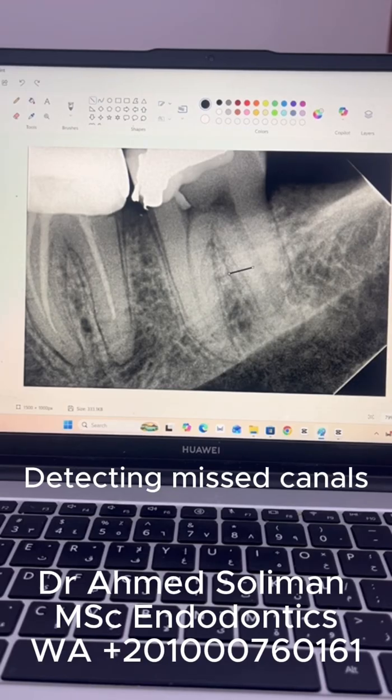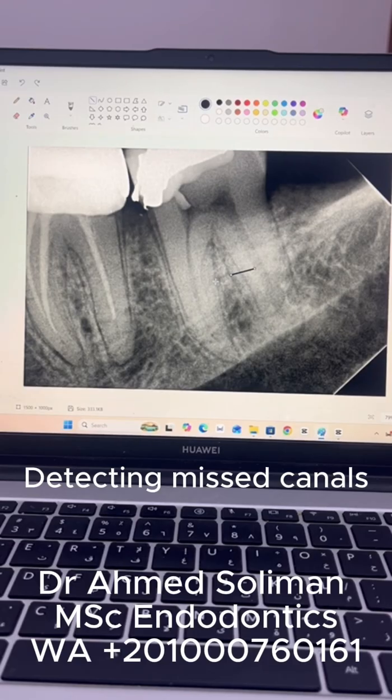So this means that 95% I'm dealing with a single root canal in this root. Again, the distal root is the same. I'm not talking about the apical part where variations happen, and I will show you what happened in this case later in this video. So let's go to the mesial root.